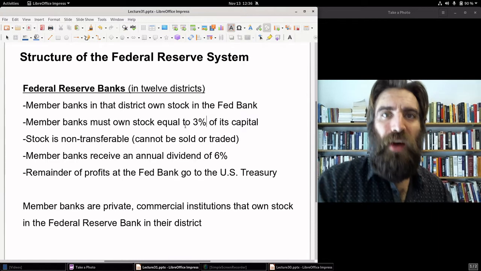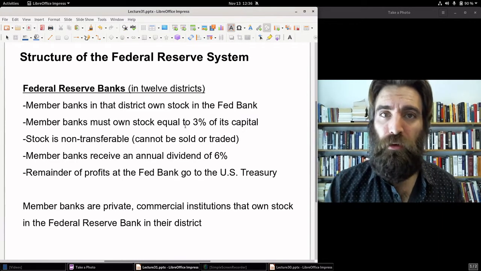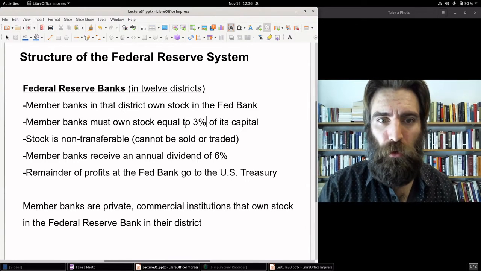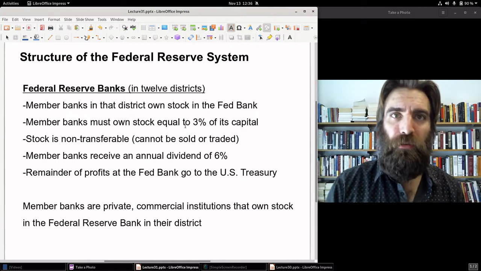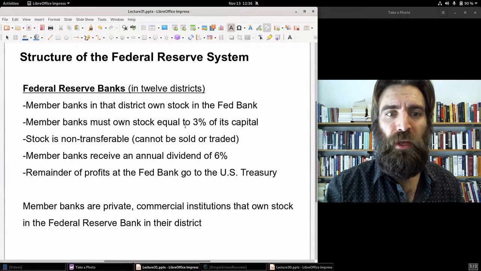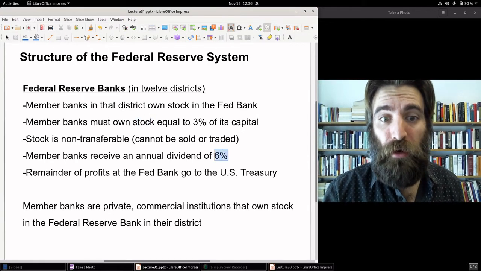But this is not stock in the sense that we think of stock being traded in the New York Stock Exchange. The stock is non-transferable, can't be sold, it can't be traded. All right? Member banks automatically receive, they are entitled to, an annual dividend on that stock of 6%.